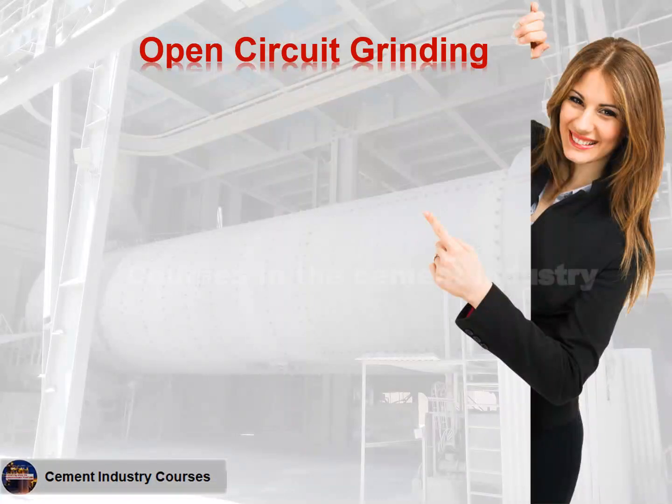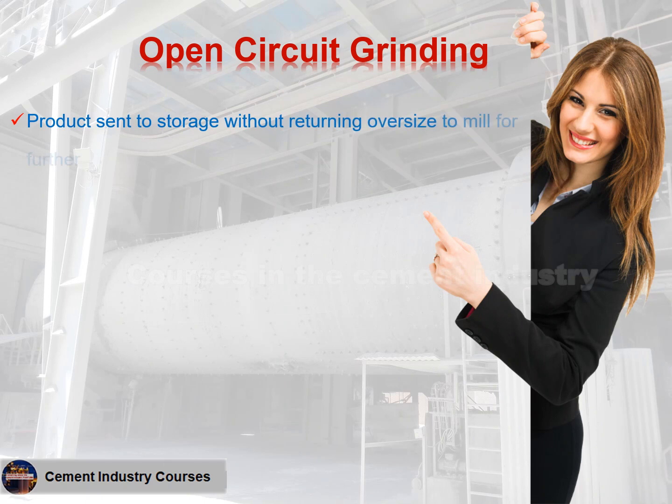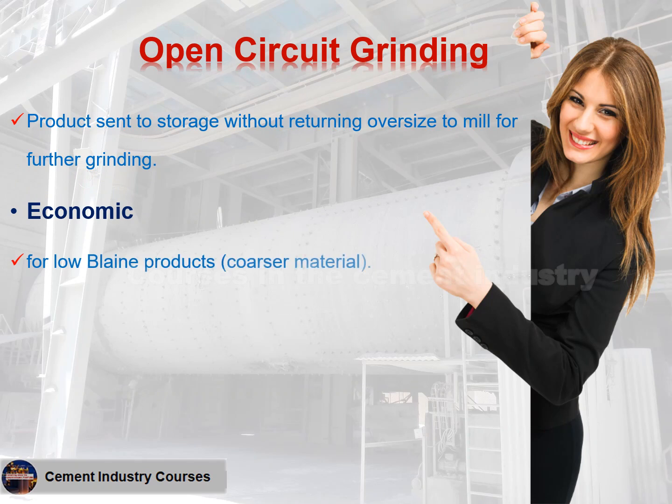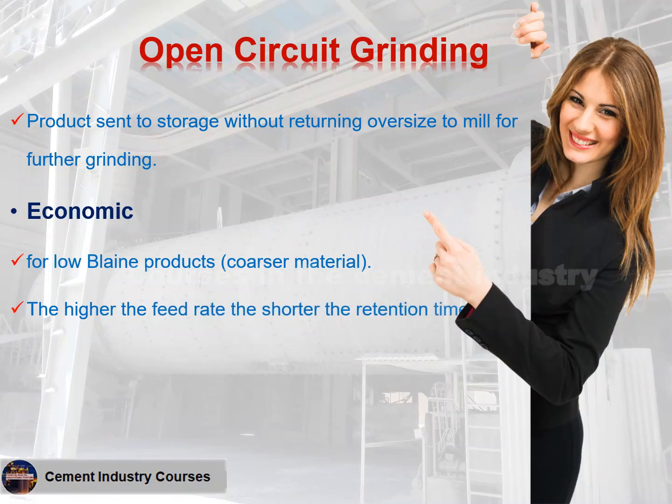In the open circuit grinding, product is sent to storage without returning oversize to mill for further grinding, which makes this process economic. 1. For low Blaine products, coarser material. 2. The higher the feed rate, the shorter the retention time.